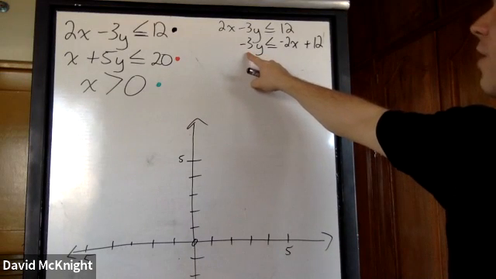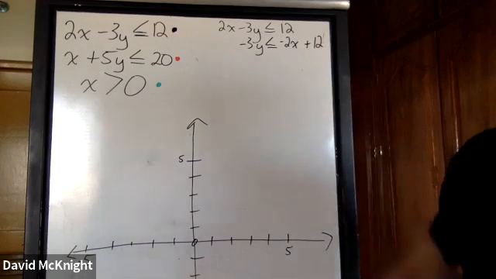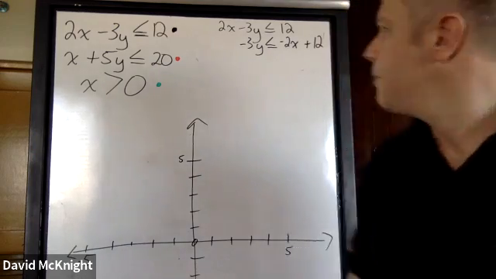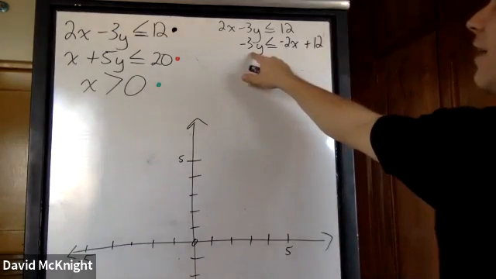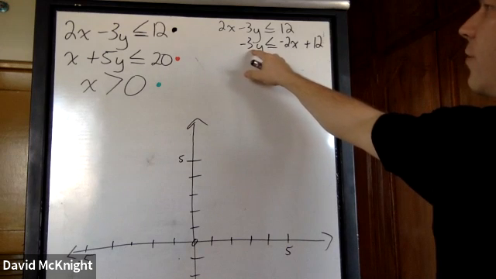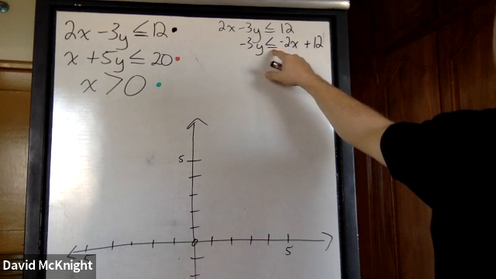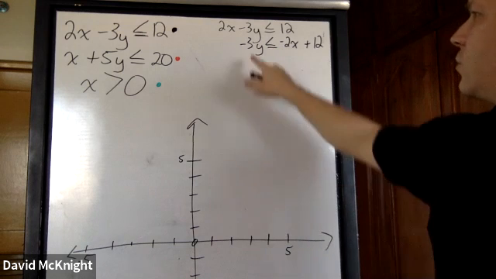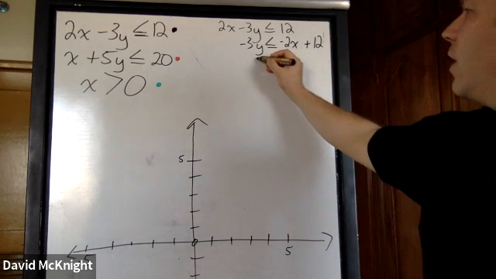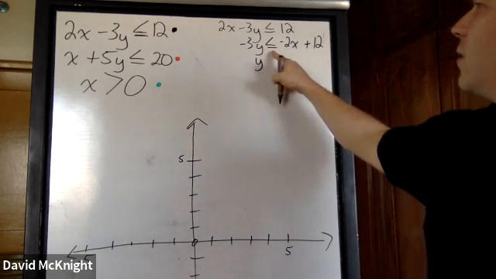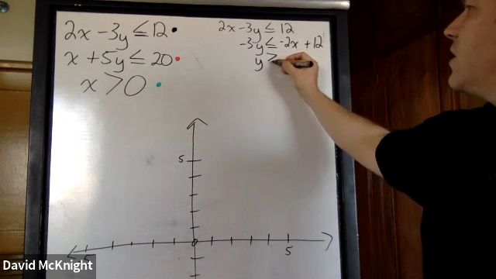Now we need to isolate y by undoing this multiplication. So we're going to divide everything by negative 3. Now, when we do that, we change this from a negative to a positive, and therefore we have to change the direction of this inequality sign. I'll have y, and since I'm dividing by a negative, I'm going to change the sign.